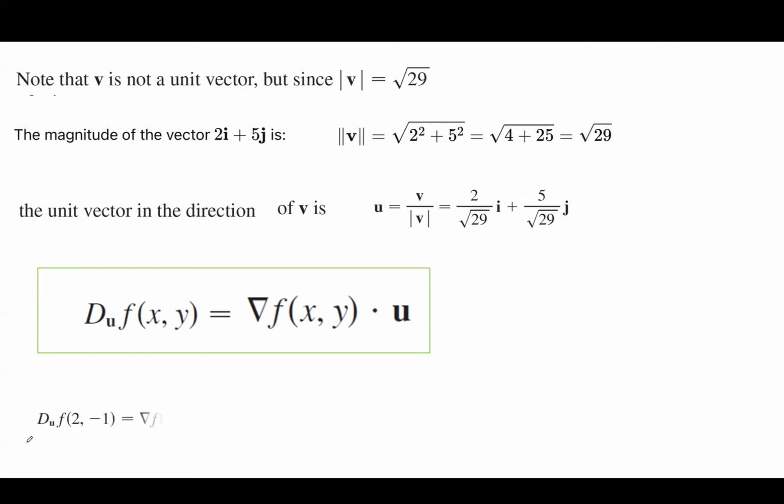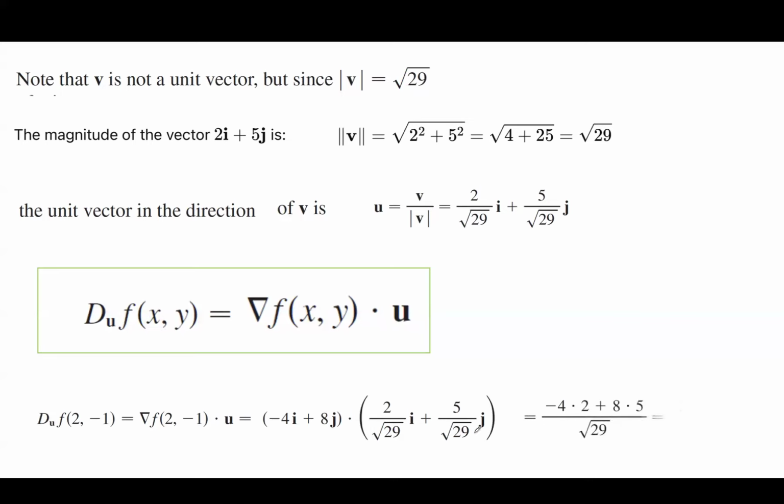Now, the directional derivative of function f at point 2 and negative 1 in the direction of unit vector u is the dot product between the gradient of f at 2 and negative 1 and the unit vector u. We calculated our gradient to be negative 4 and 8, and this unit vector is 2 divided by square root of 29 and 5 divided by square root of 29.